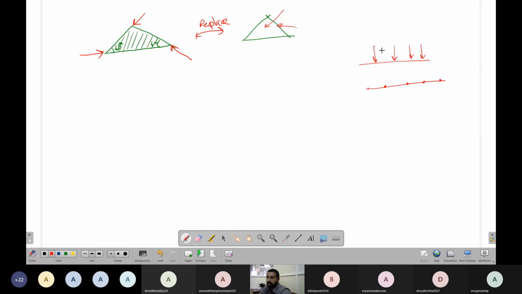Find the equivalent of this force at some distance A, and this point we are trying to find out. One particular point or particular force will shift. So what we have to learn is how to shift this force to any point.